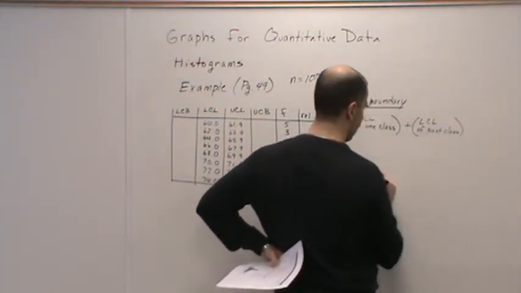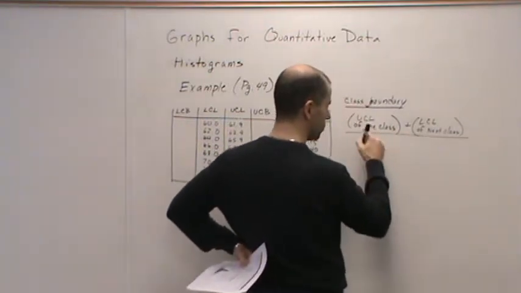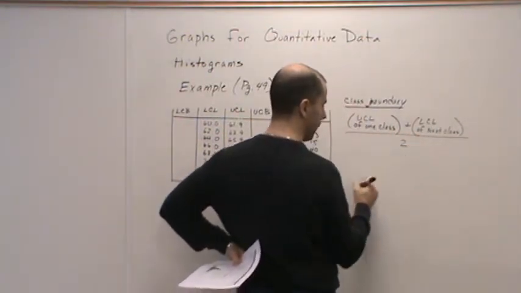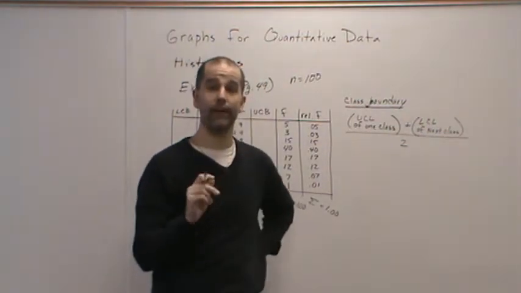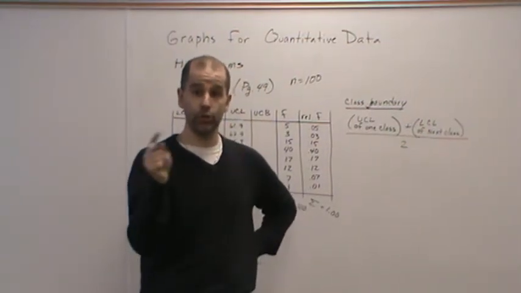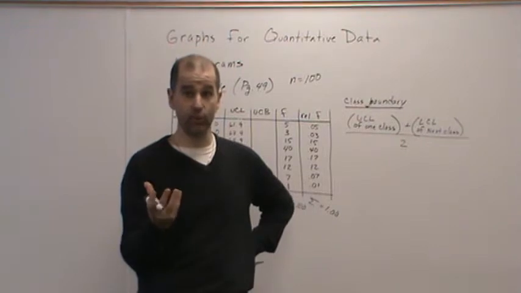Then take those two, add them together, and divide by 2. So basically what you're doing is finding the midpoint between two classes. That's essentially what you're doing.